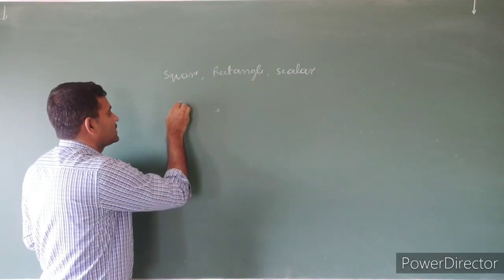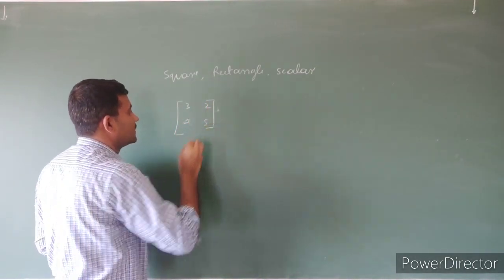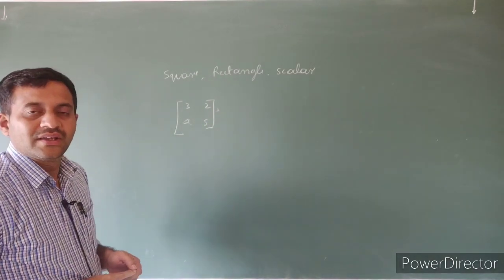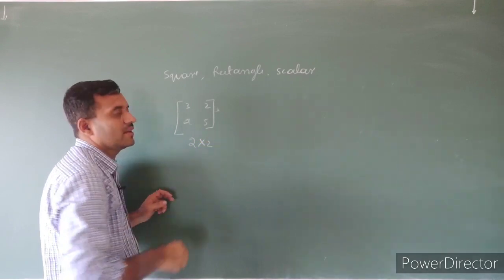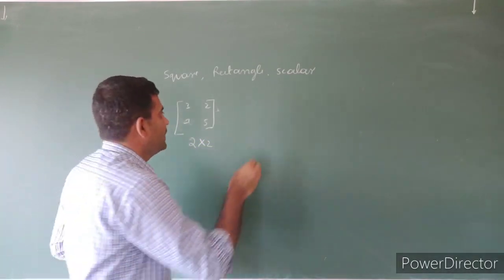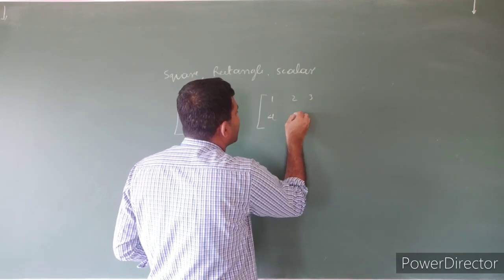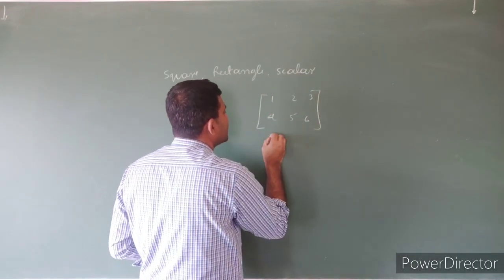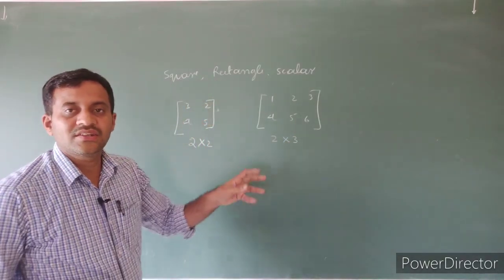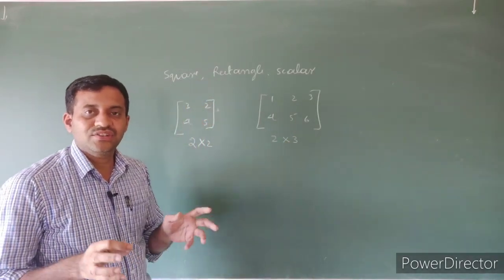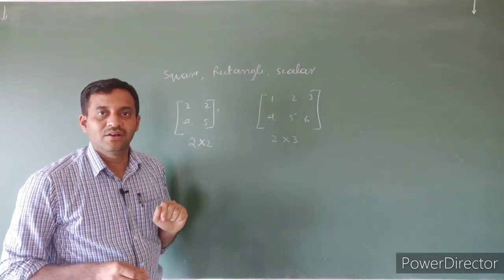Let's consider a matrix 3, 2, 4, 5. It is clear that the order of the given matrix is 2 cross 2, then it is a square matrix. Then one more example, 1, 2, 3, 4, 5, 6. Here the order is 2 rows, 3 columns, 2 cross 3, then it is a rectangle matrix. It is easy to say whether the given matrix is square or rectangle. What is the condition?